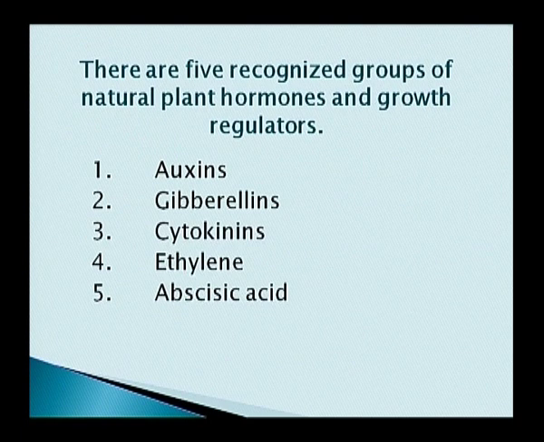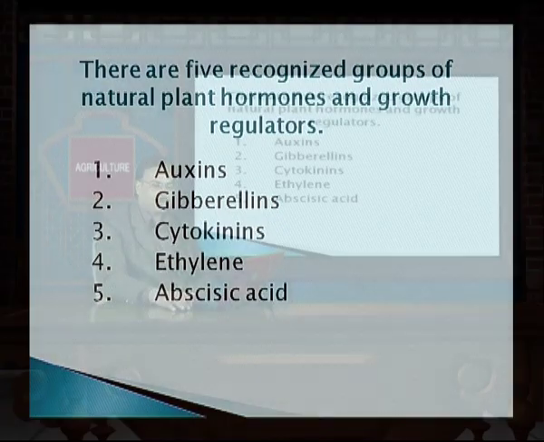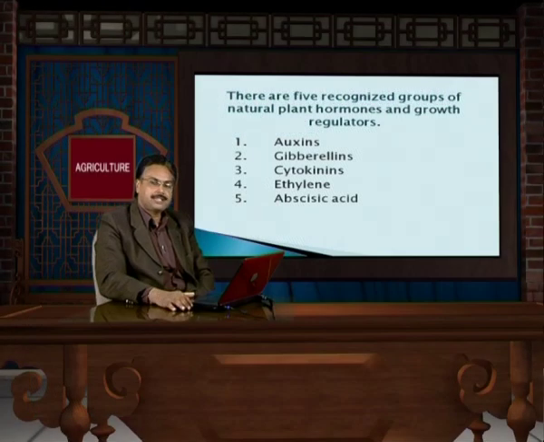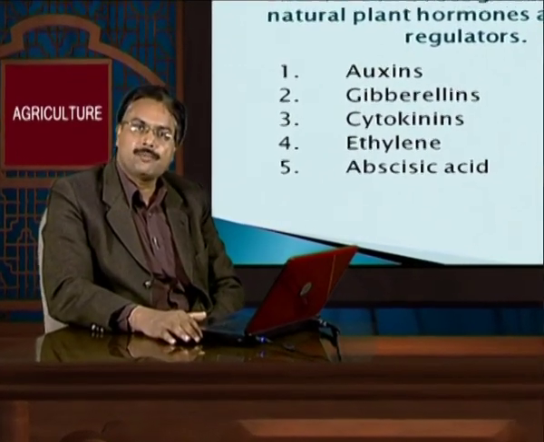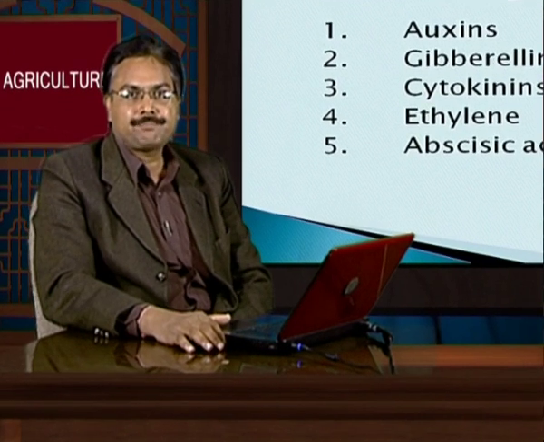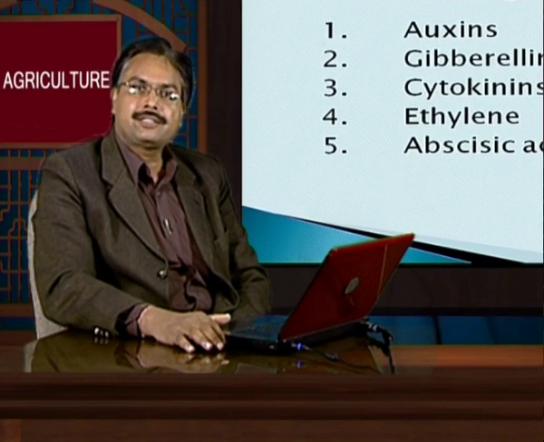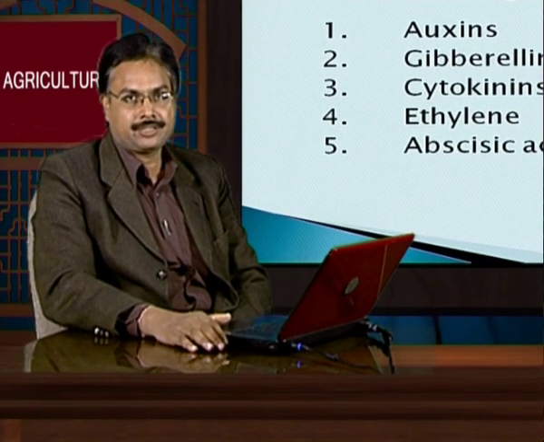Broadly, the growth hormones or phytohormones have been classified into 5 groups: auxins, gibberellins, cytokinins, ethylene and abscisic acid. Among these, auxins, gibberellins and cytokinins are categorized as growth promoters, meaning their presence in the plant system accelerates growth at various stages.